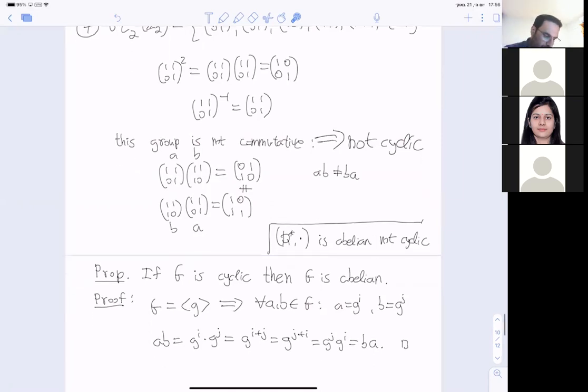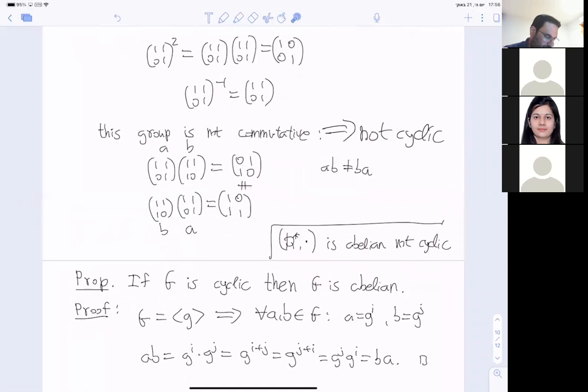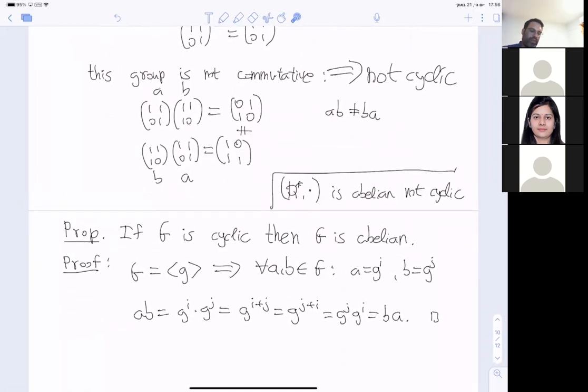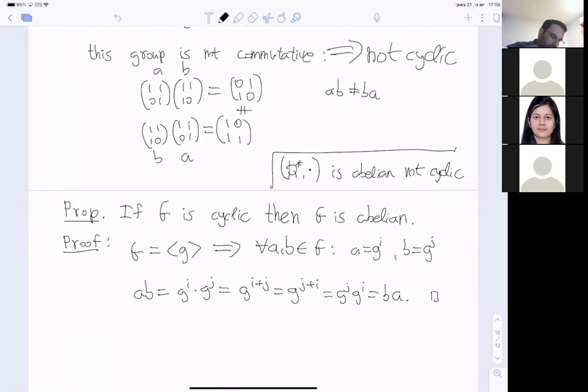So the last thing I want to tell you before we go into the number theory is the definition of a rank.